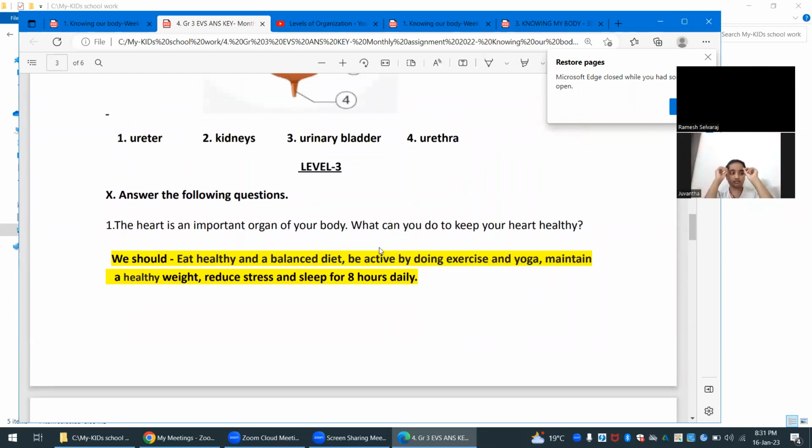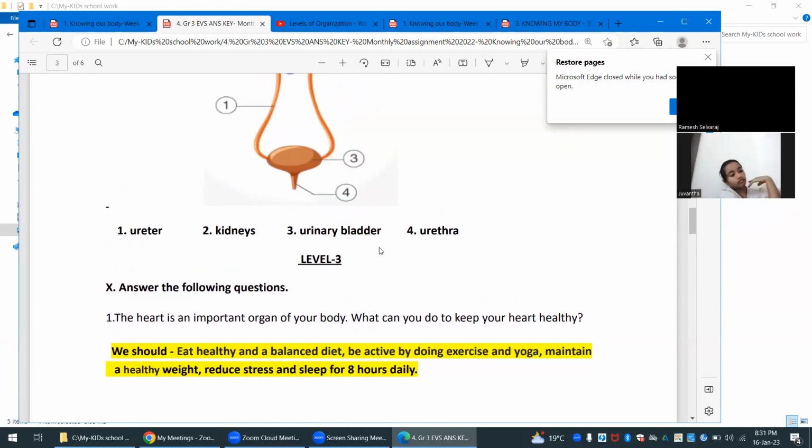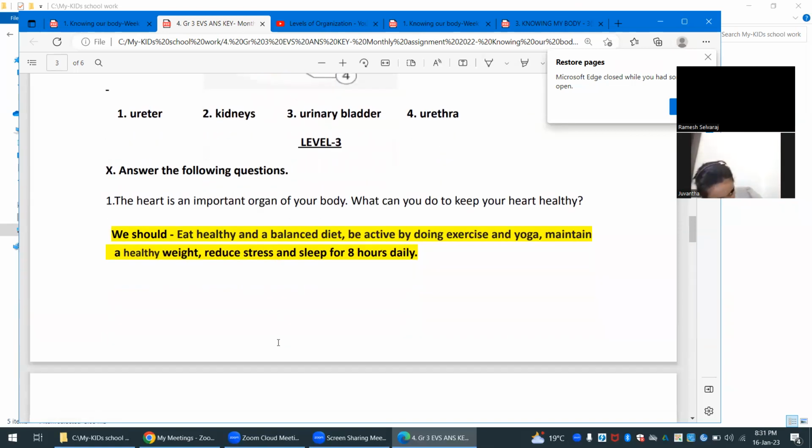So minimum 8 hours should be there. Also do activities without any stress, and enjoy them, like enjoying reading a book and learning things.